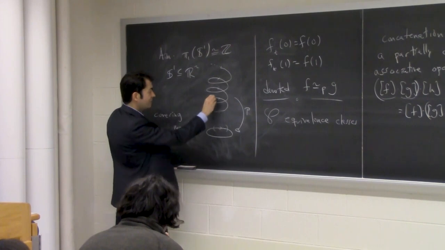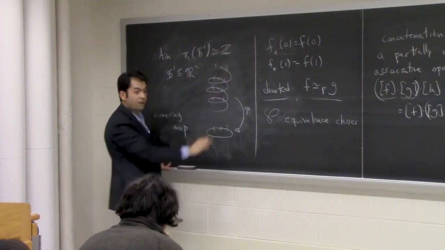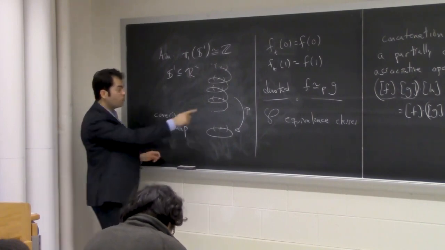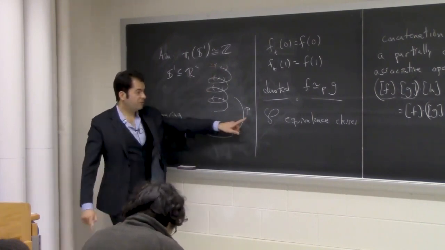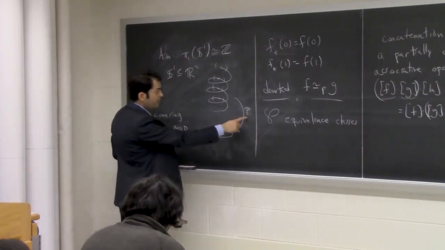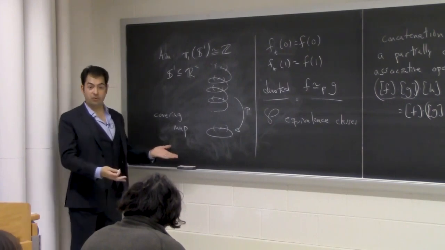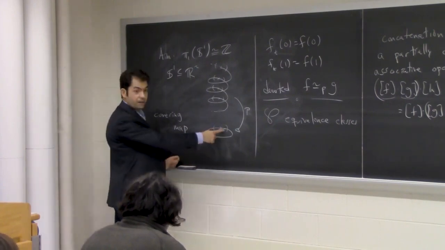This interval has a pre-image over here, and a pre-image over here, and a pre-image over here, and a pre-image over there. If you restrict attention to any one of these, then this map has an inverse. So this map restricts on any one of these intervals to be a homeomorphism down to this interval.